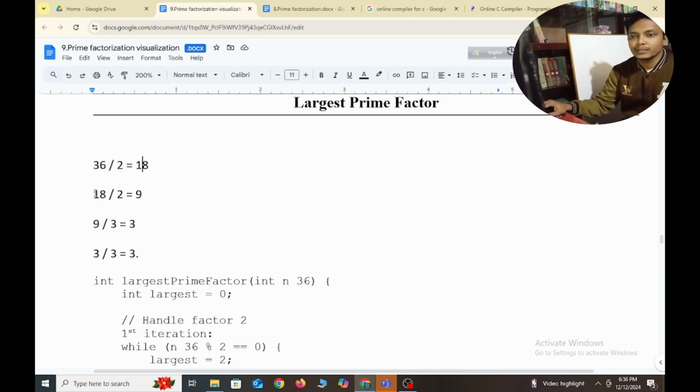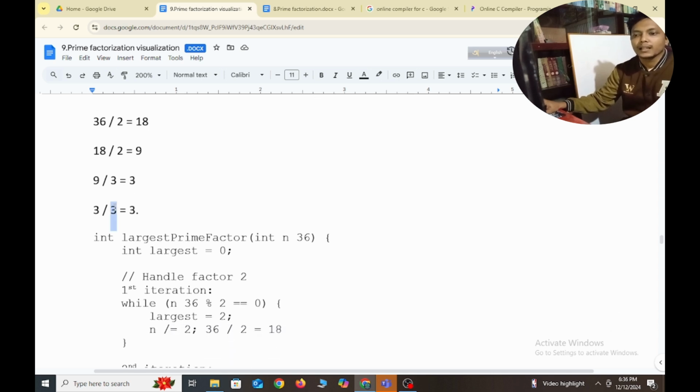So 18 would be divided by 2 again, 9. 9 divided by 3 is 3, right? And 3 divided by 3 is 1. So how many 2's and 3's here, guys? There are two 2's, okay? And two 3's, right? So these are the factors for 36, okay? So in this case, 3 is the largest prime to divide 36.